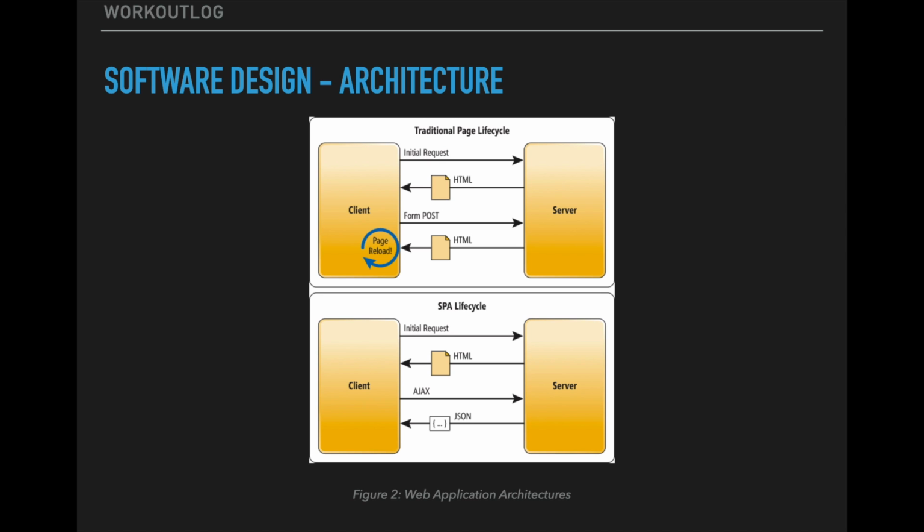Typically, the initial request in a single page application contains most of the UI, and then that UI bundle is saved on the client side, and then subsequent requests are done in the background.